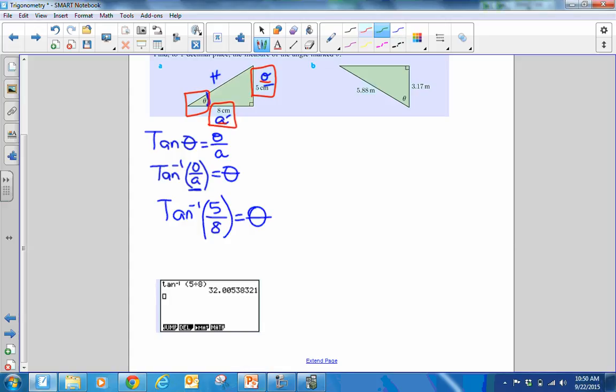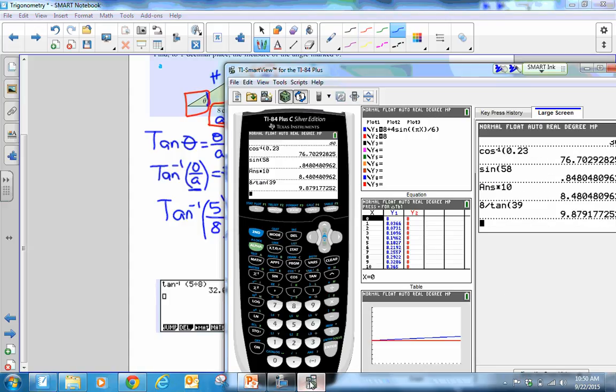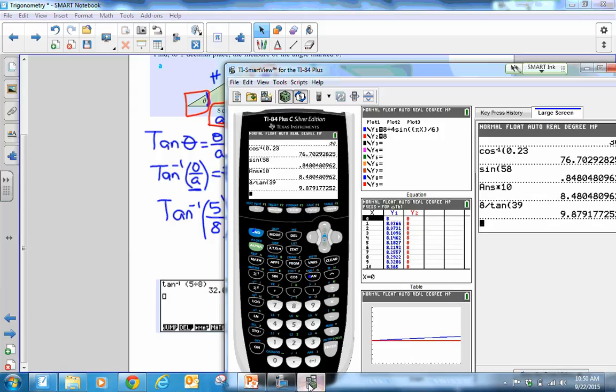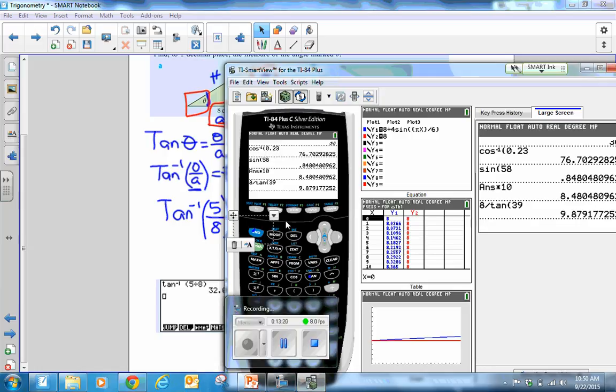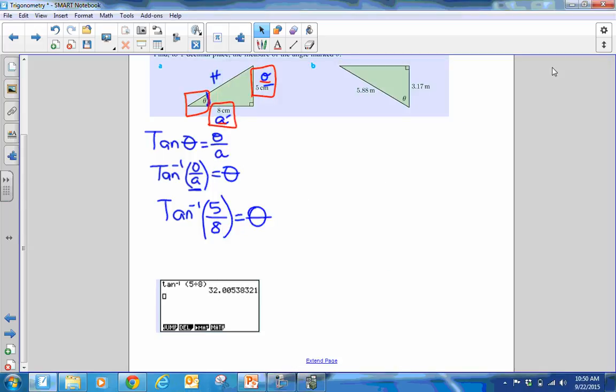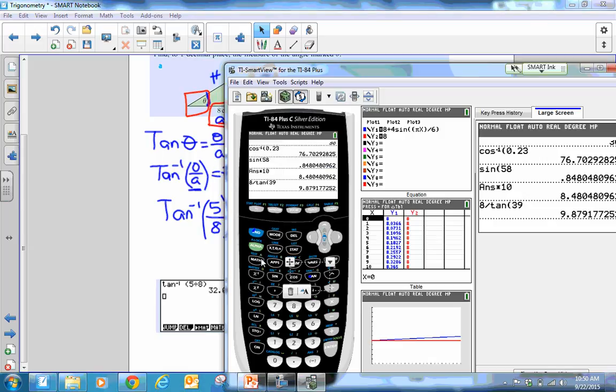And you go to your calculator, and then you do blue and tangent. It's not working.